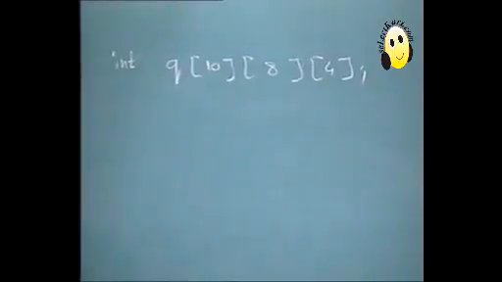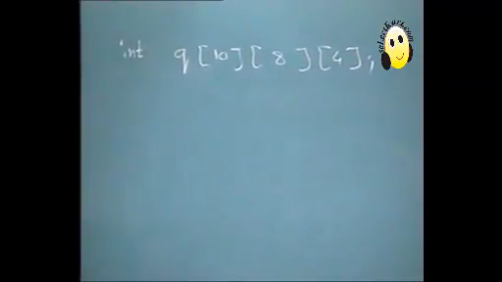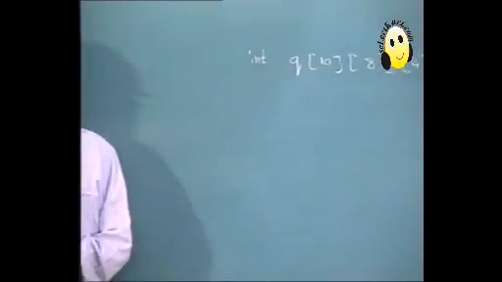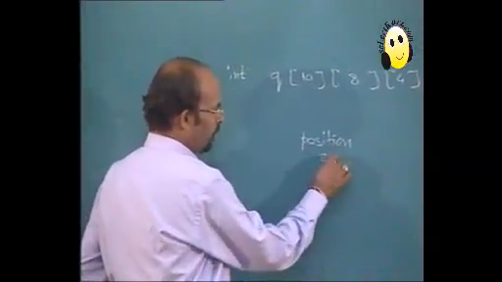Is this possible? Yes. In all, how many elements will be there? 320. Okay. So, position 200 is equivalent to, find it out now.